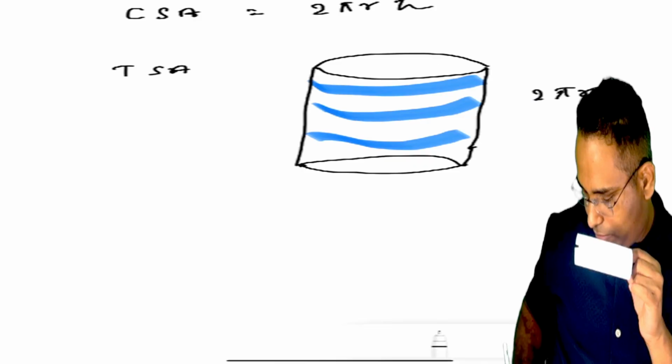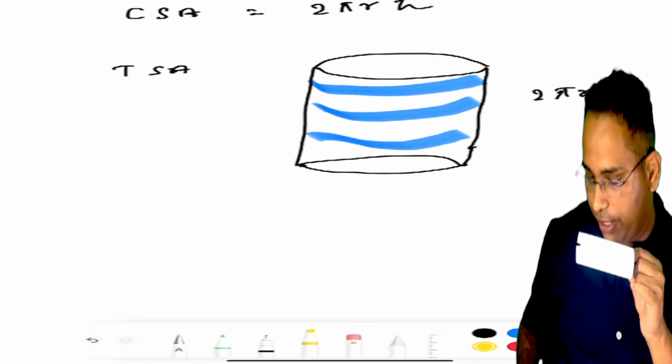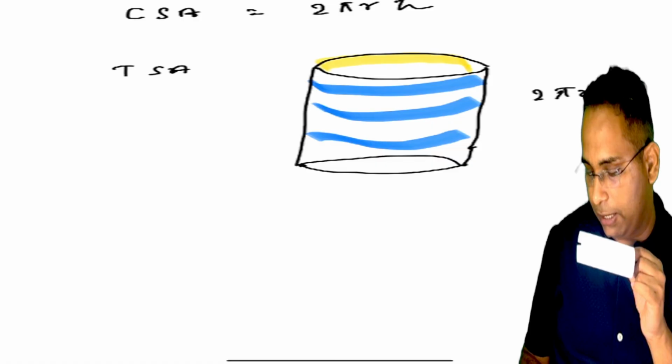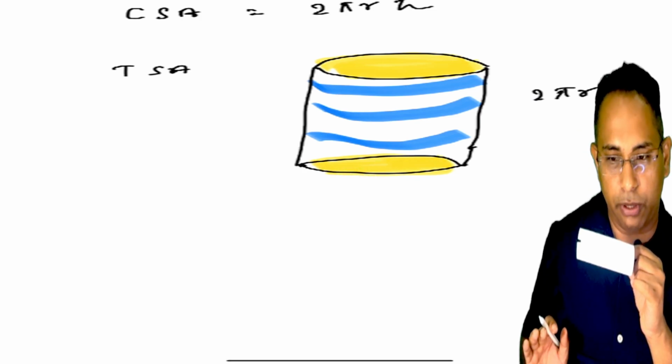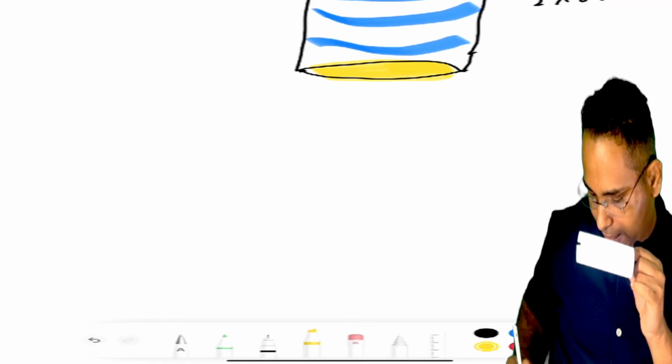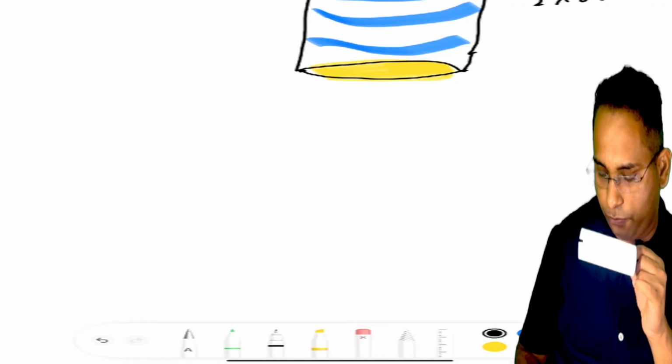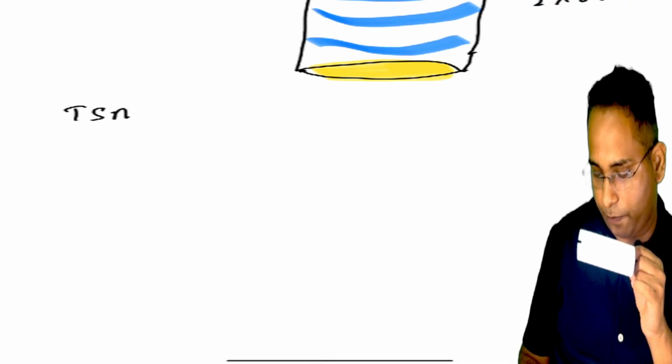Now we need to add this area and this area, which is pi r square and pi r square.